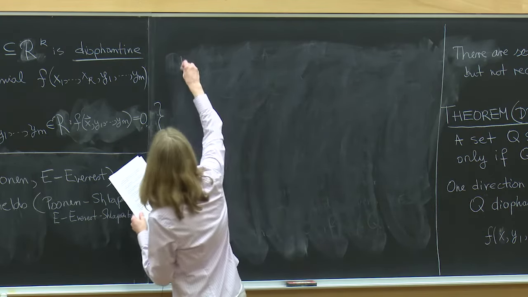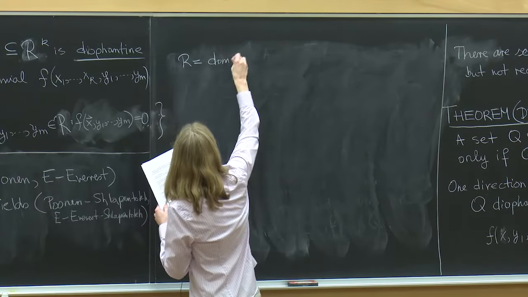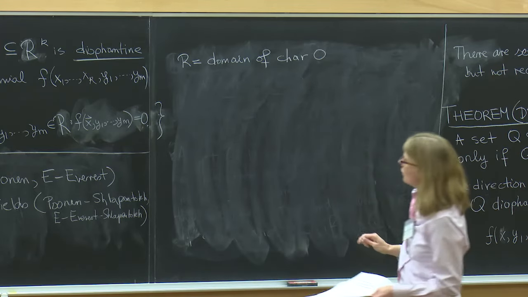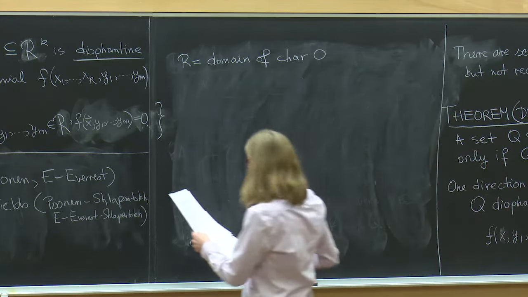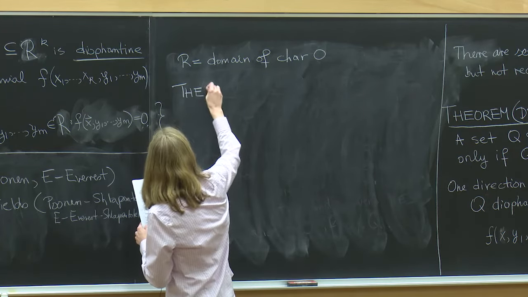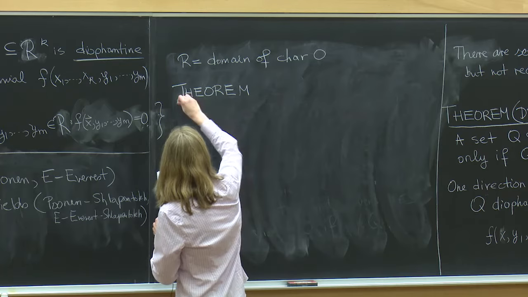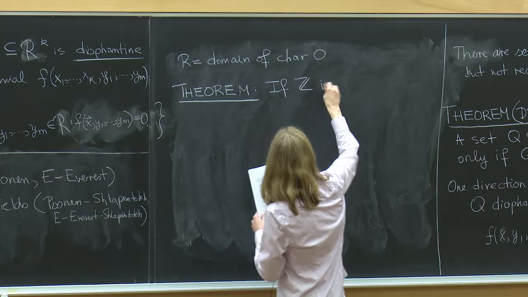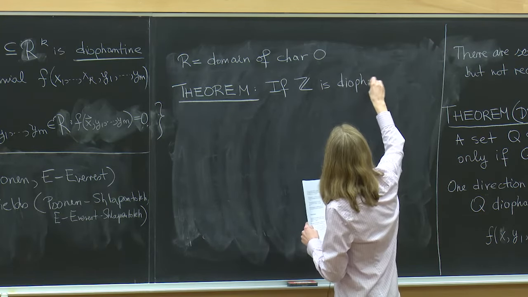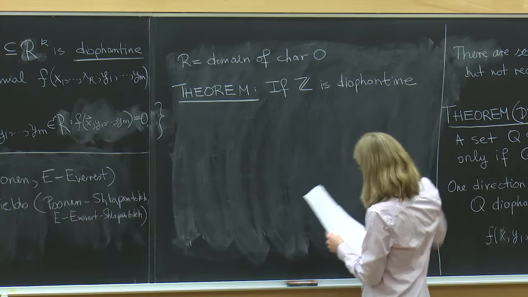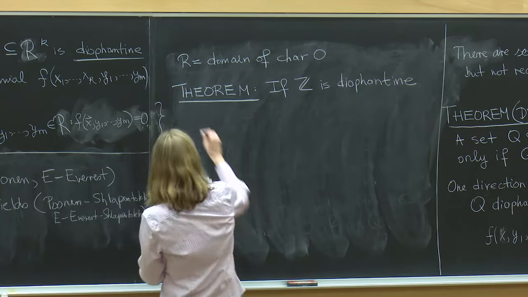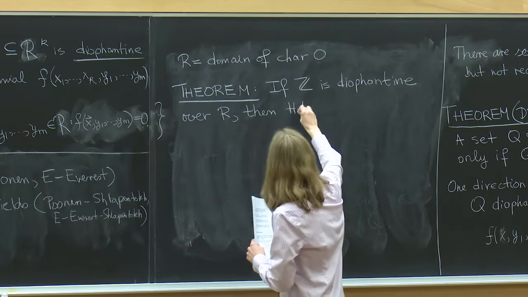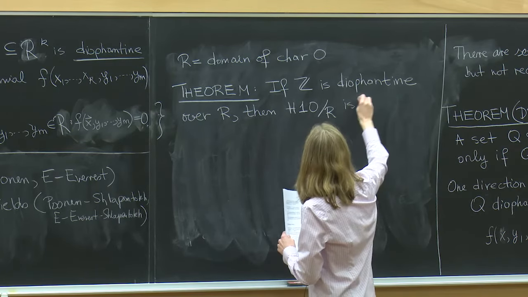The following theorem: let R be a domain of characteristic 0 whose quotient field is not algebraically closed. I can actually drop that, but let me not write it down. Then the following theorem holds, and this has been used by many authors working on undecidability: if Z is Diophantine over R, then Hilbert's 10th problem for R is undecidable.